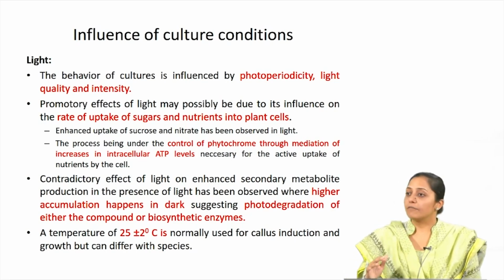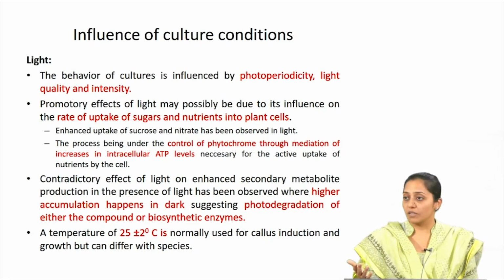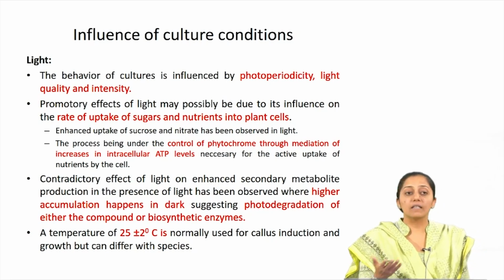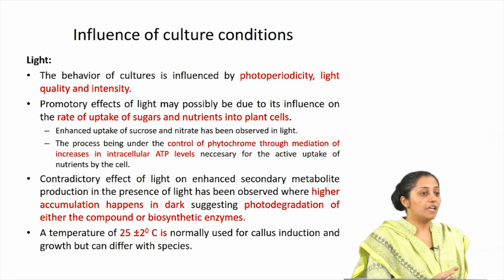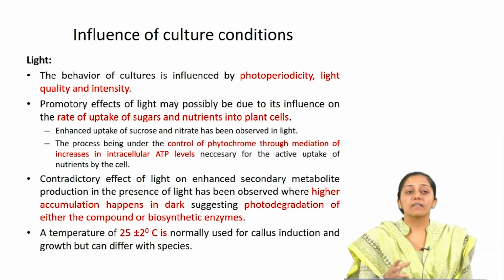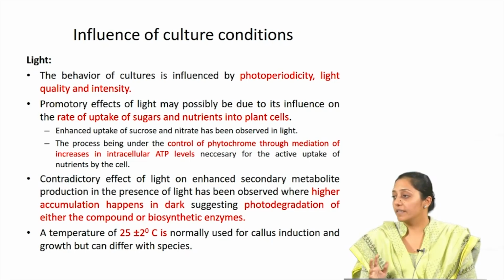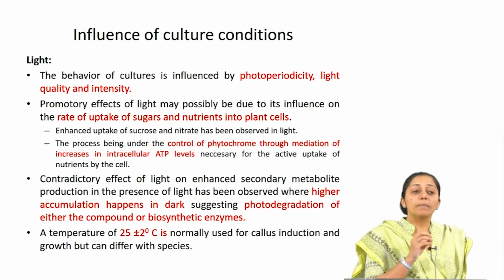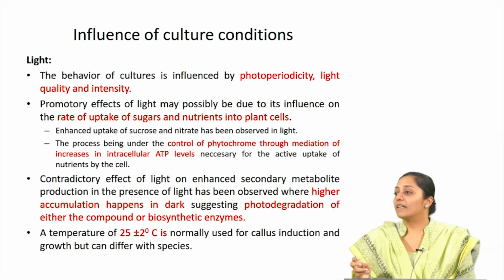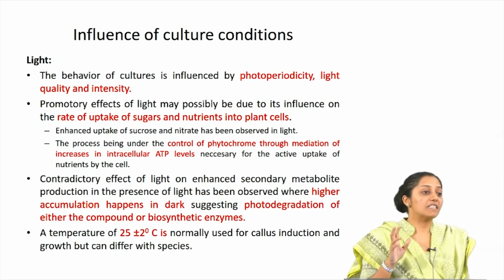So, if under in vitro conditions you try to enhance the production, you may observe that under complete dark conditions in your plant cell or other forms of in vitro cultures, the secondary metabolite biosynthesis is found to be affected or regulated.